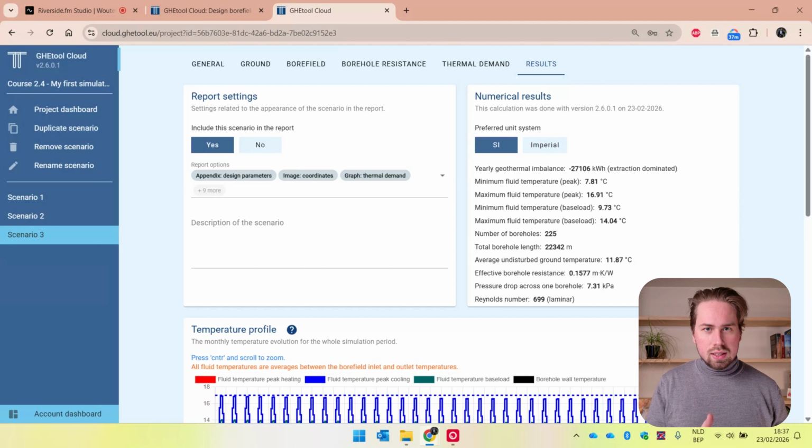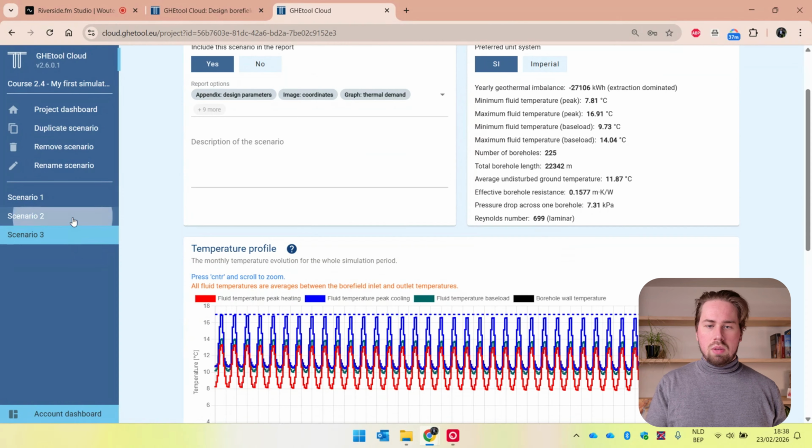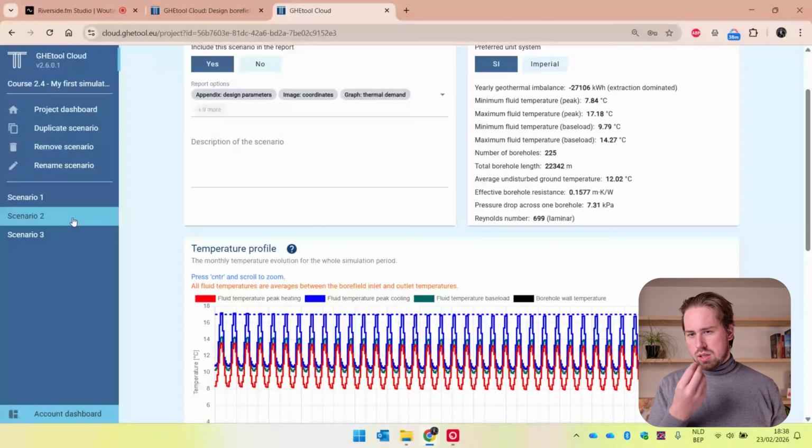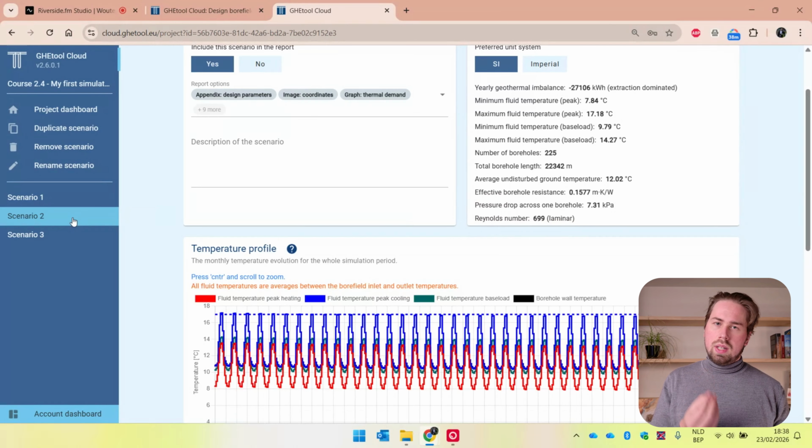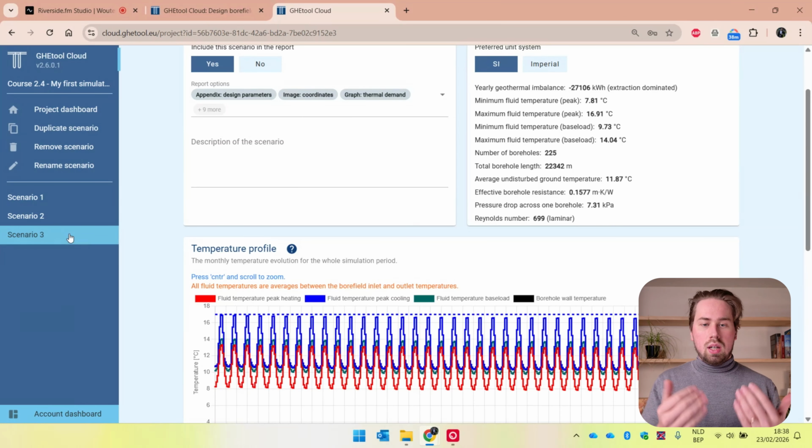Because if we do that, you can see that our maximum fluid temperature is now below 17 degrees when you compare it to the previous case. So this is really important and significant that by just changing 0.6 to 0.7, we are now below our threshold.